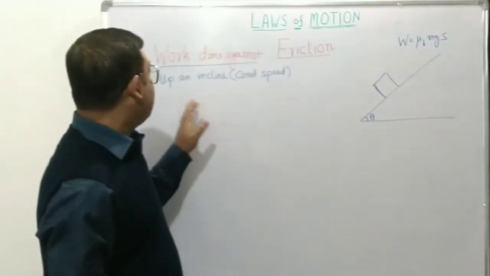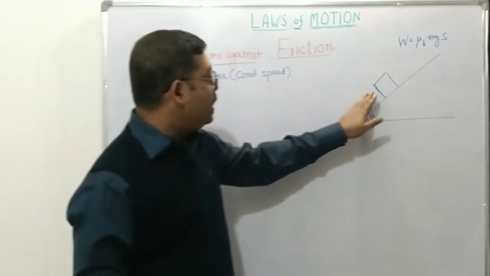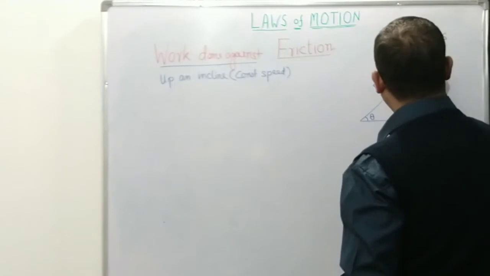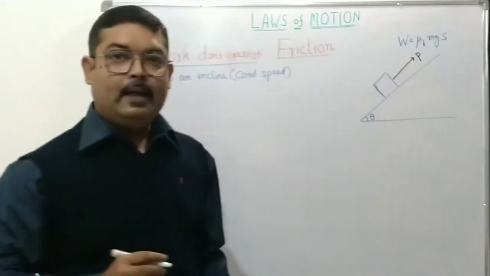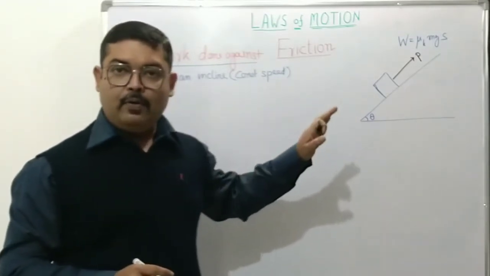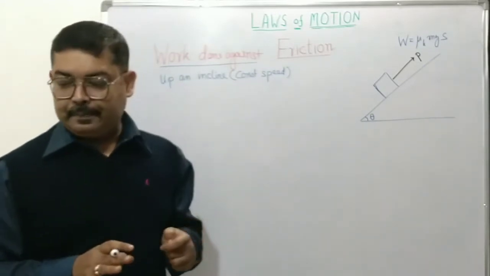Okay, now let's consider the next case where, instead of a horizontal plane, the object is now pulled with a force P along an inclined plane in the upward direction, and the object moves up the plane at a constant speed. It's not accelerated.